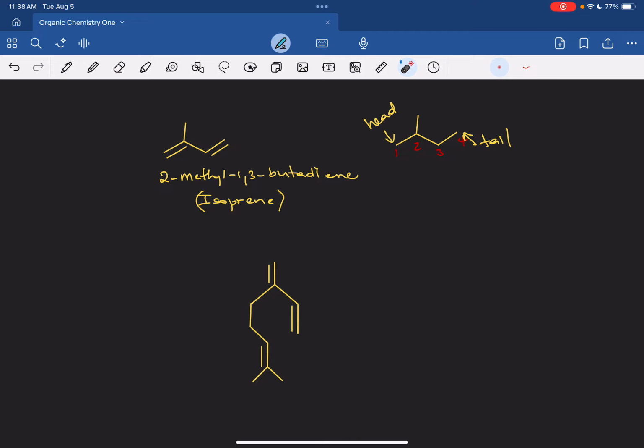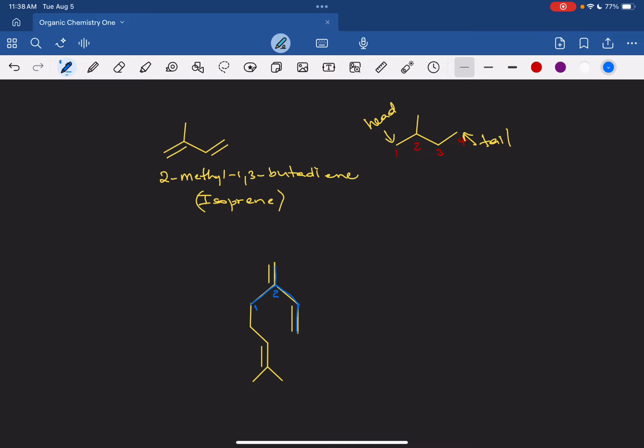So anywhere you see a CH3, whether it's double bonded or singly bonded, go to it and test it out. If this is my CH3, this would have to be carbon 2. So if this is 2 and I consider this 1, maybe I do have an isoprene unit. This would be 1, 2, 3, 4.